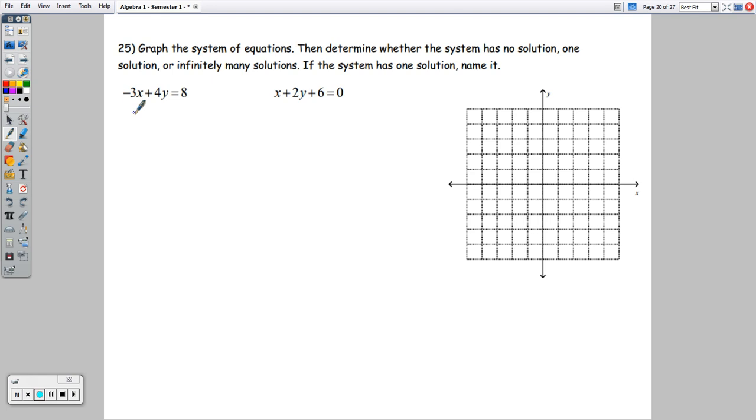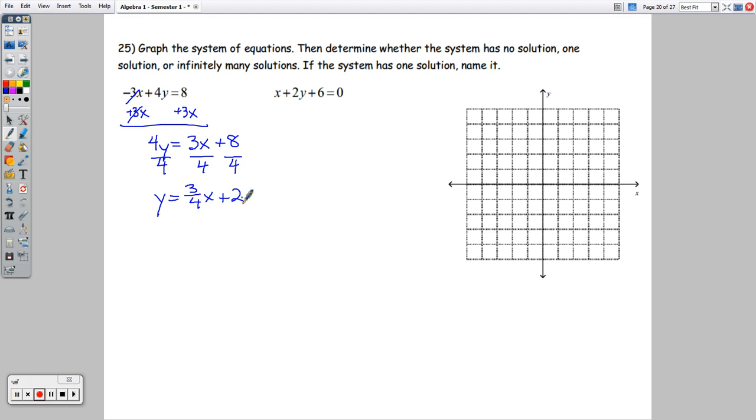So let's solve this one for y. Adding 3x and then dividing by 4 will do that for us quickly. So we have y equals 3/4 x plus 2.